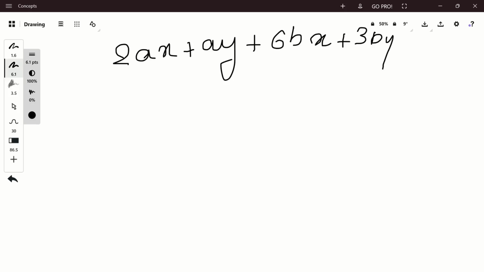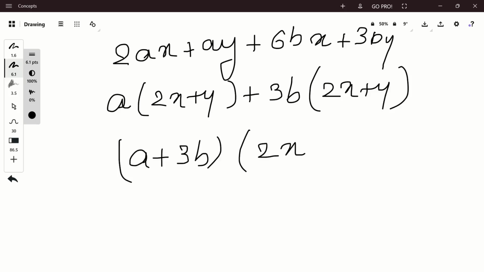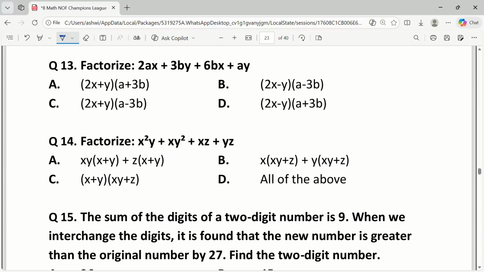Factor out the common factor from each pair of terms, that is a, 2x plus y plus 3b, 2x plus y. Factor out the common binomial factor 2x plus y. We have a plus 3b, 2x plus y. Comparing with the options, the answer is A.